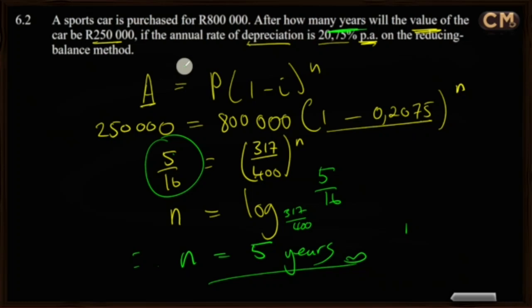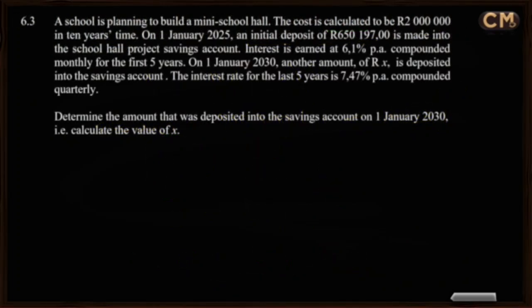How many years? A school is planning to build a mini school hall. The cost is calculated to be 2 million rand in 10 years time. Okay, so that's pertinent information.